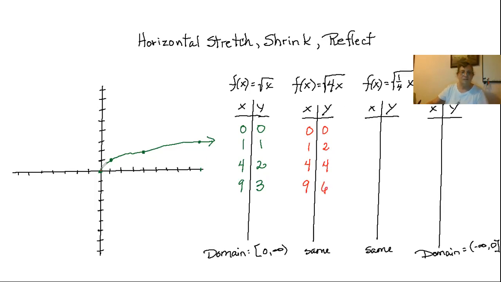So what have I got here? It's 0, 0, 1, 2, 4, 4, 9, 6.